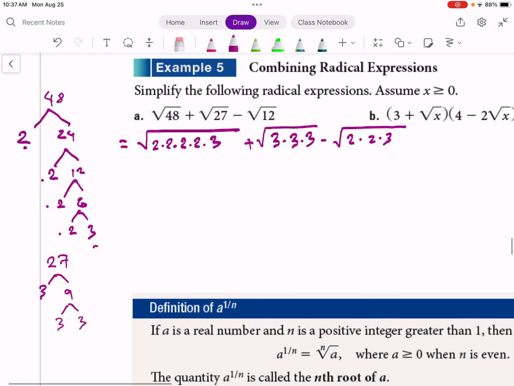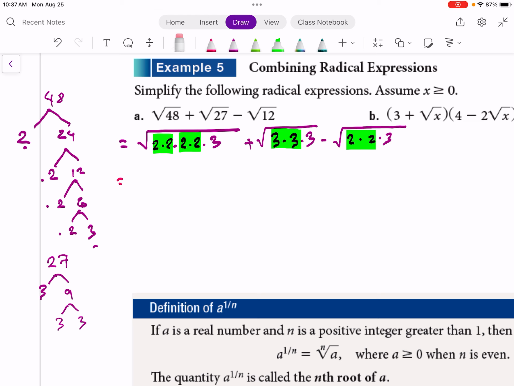Now our index is 2, so let's make pairs of 2. This is one pair, this is another pair. Now let's rewrite.